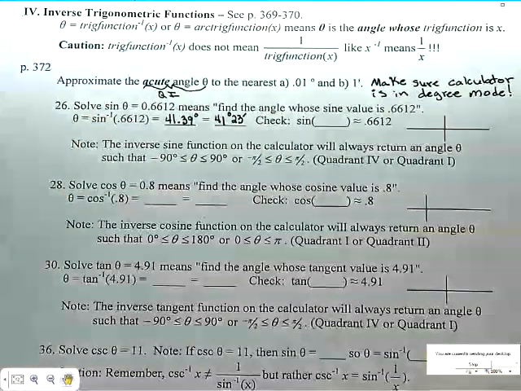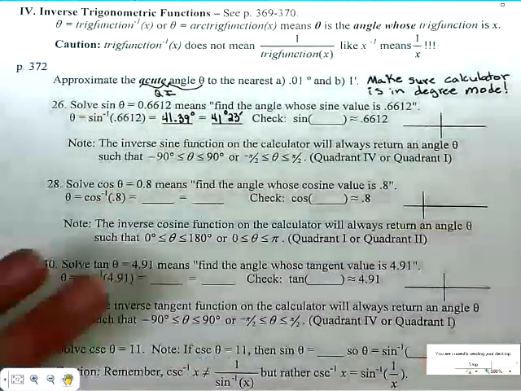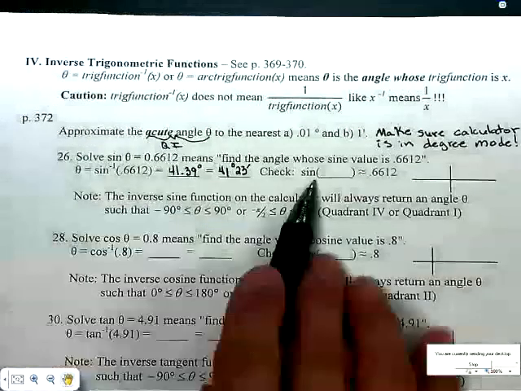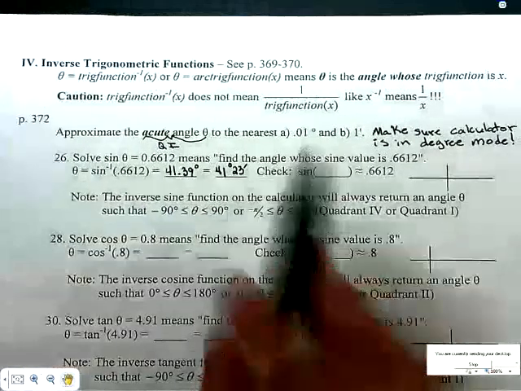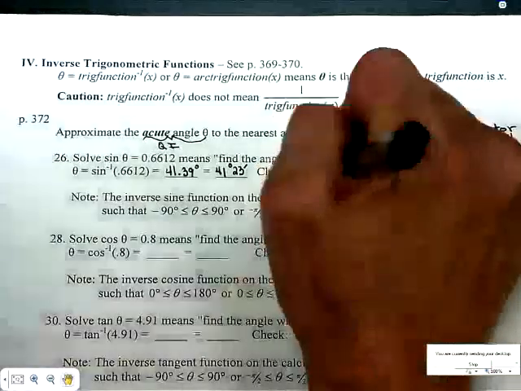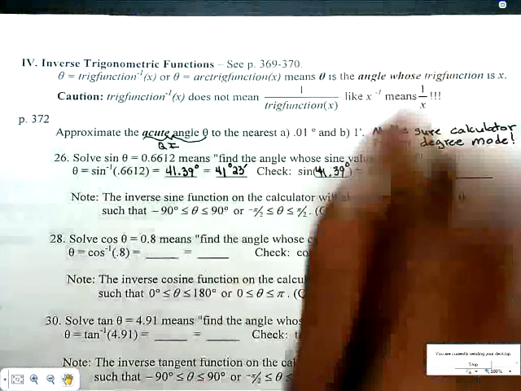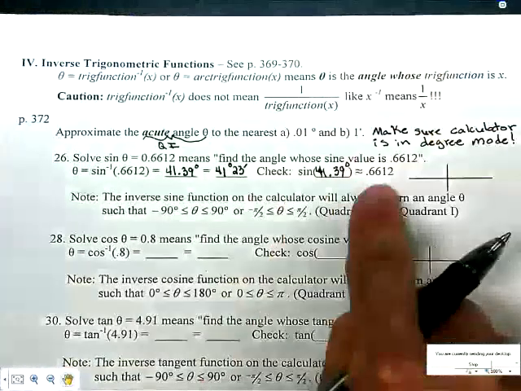All right. When we say that sine and inverse sine undo each other, that means if I take the sine of 41.39 degrees, it better give me back the 0.6612.